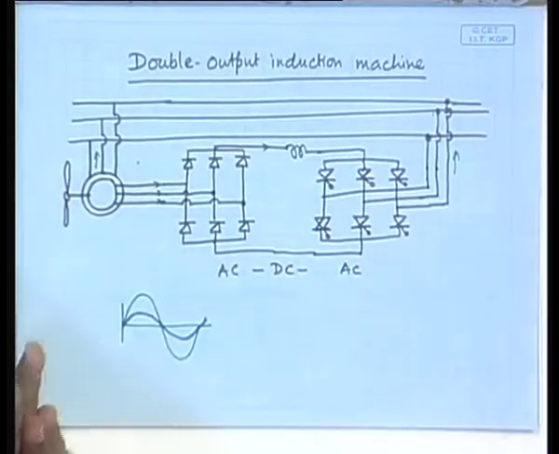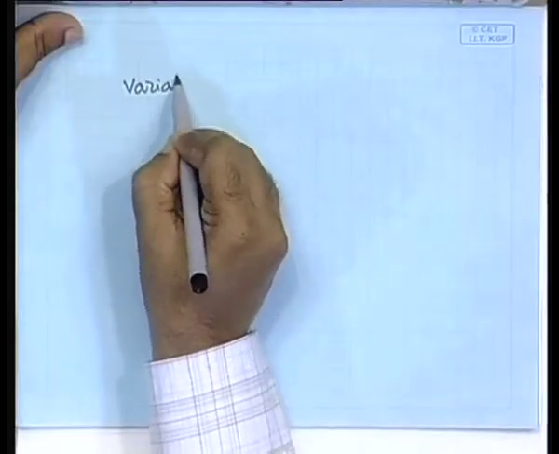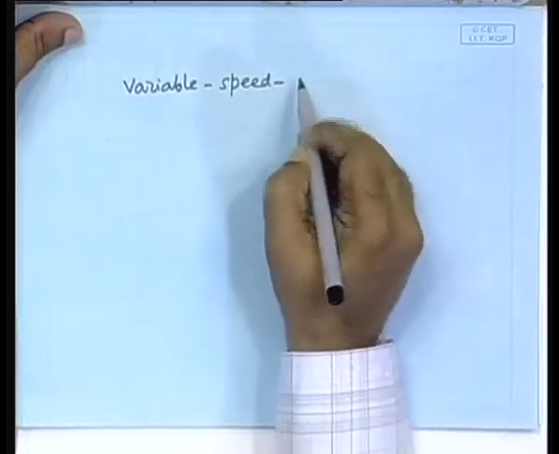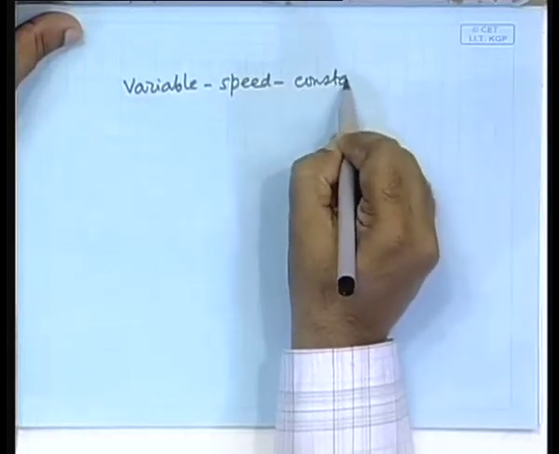You would notice that out of the various options that we have now, for an energy engineer it is important to remember that you have to have variable speed to constant frequency.